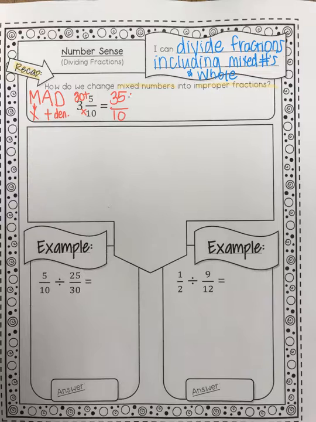So what is a factor that 35 and 10 can both be evenly divided by, George? 5. What is 35 divided by 5? 7. And what is 10 divided by 5? Do I have a new simplified improper fraction? Yes, and those numbers are going to be much easier to work with. So we always want to make sure we simplify improper fractions if we can.